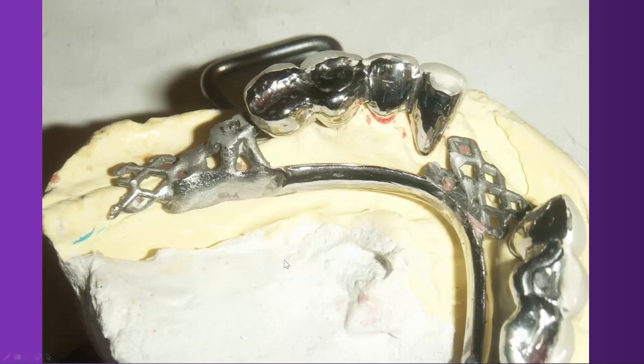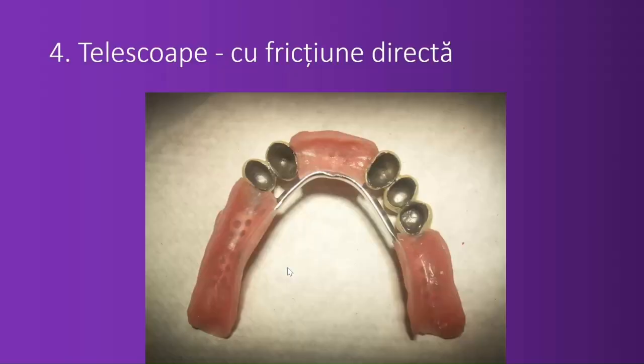And now the fourth type are, as we said, telescopes. And I will show you direct friction telescopes, and I'll explain a little bit what those are that have mediated friction. So this is the denture, as you can see it. What's the big idea? It's very simple. It's like a bridge with saddles like a denture.